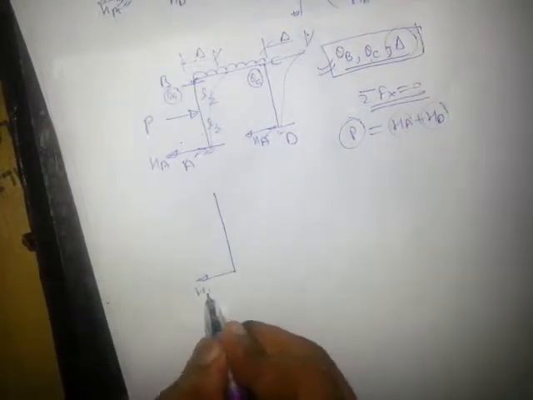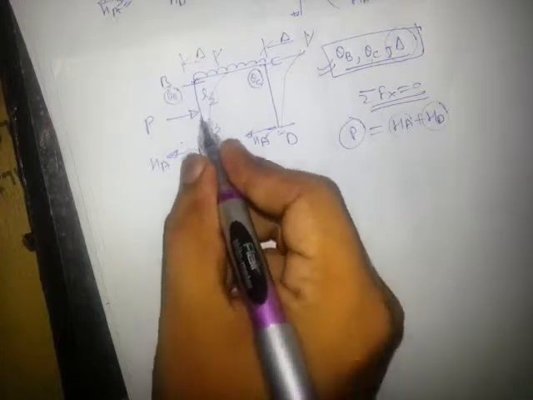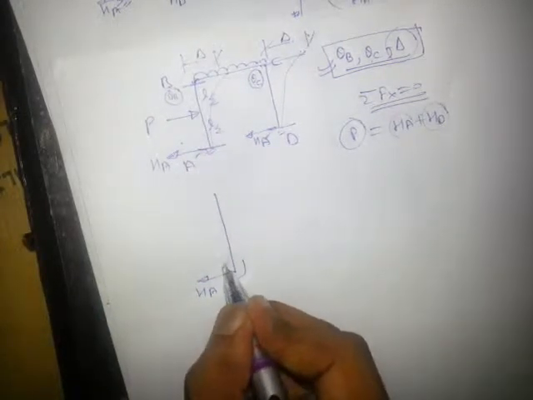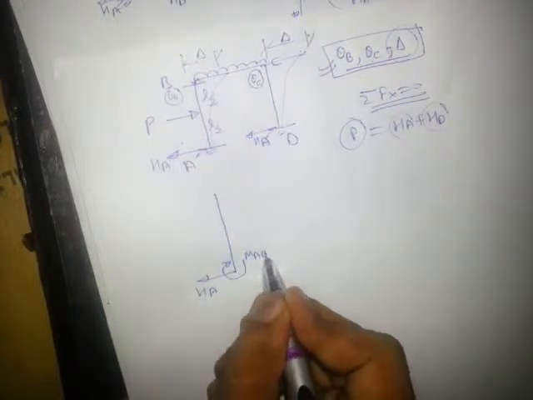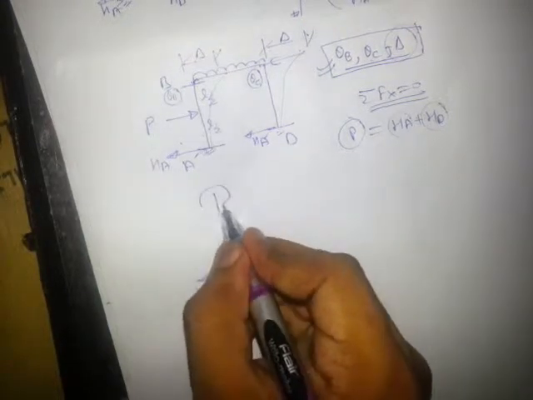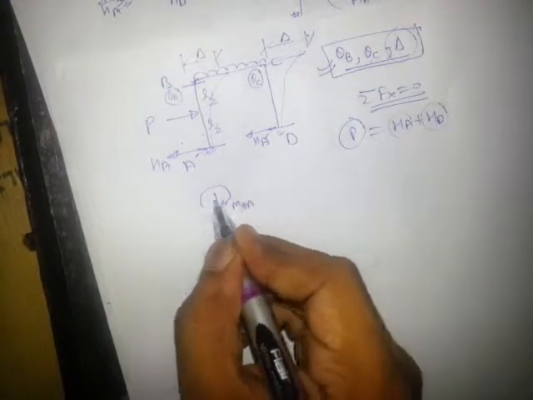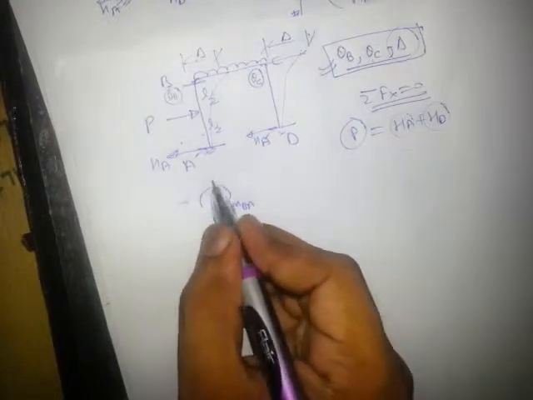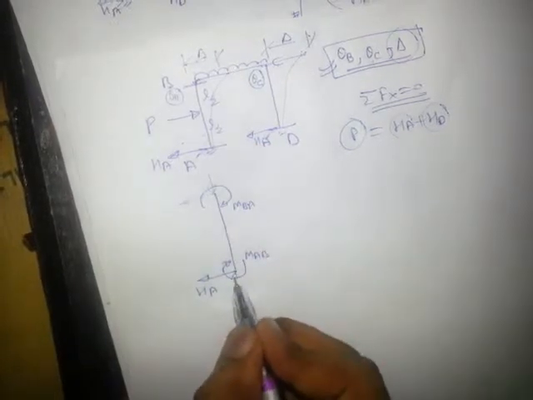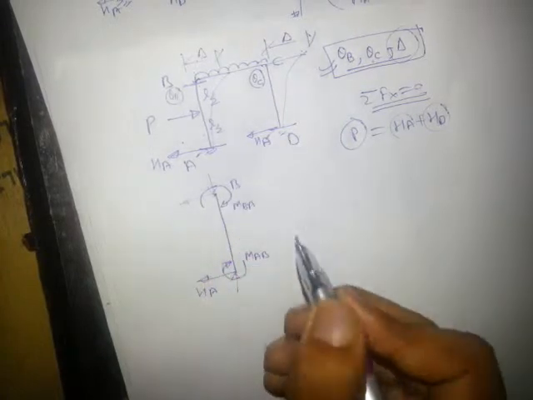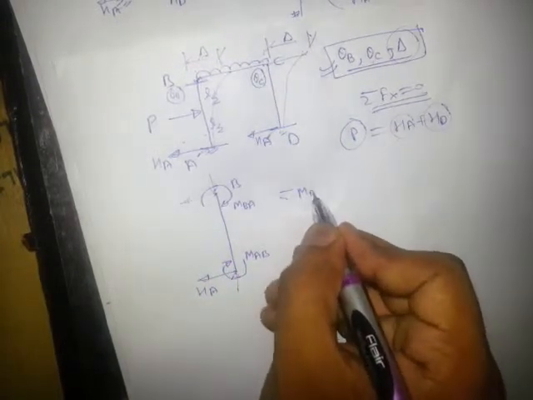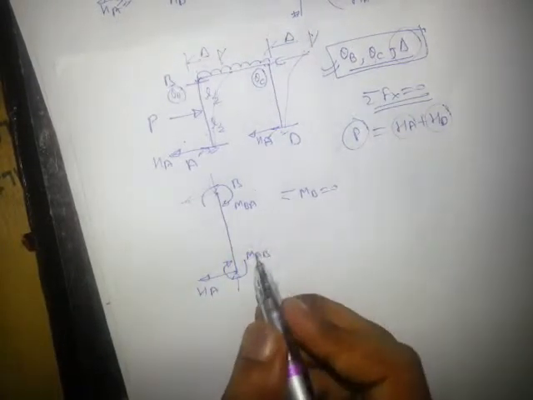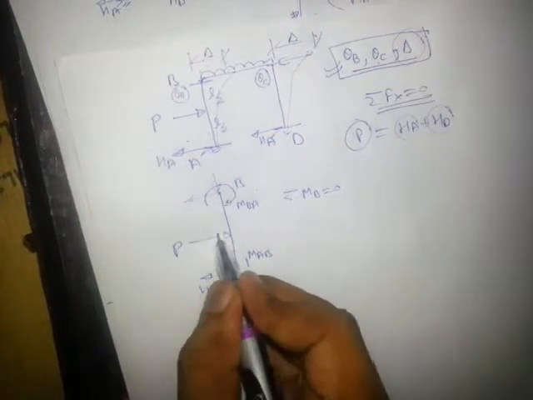This is HA, and here the moment is MAB, and I have assumed all the moments as clockwise, and here will be MBA. I have also assumed it as clockwise. Here will be some shear force and some axial force. This is point B. I will write summation MB equal to 0, and P is also there.